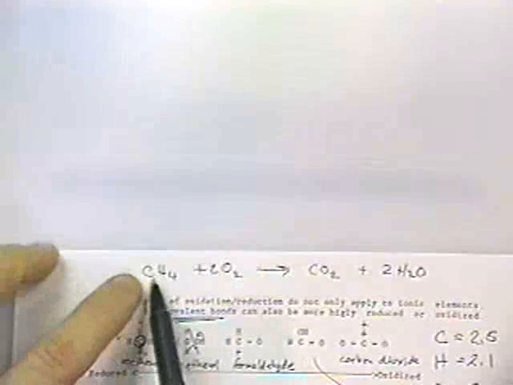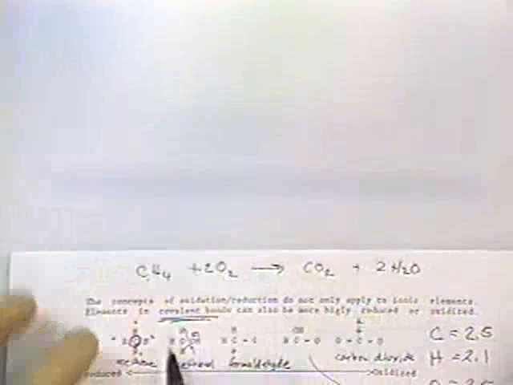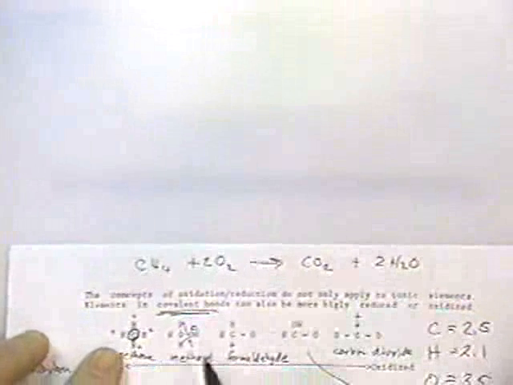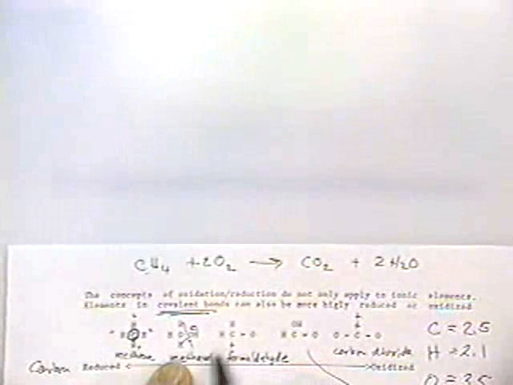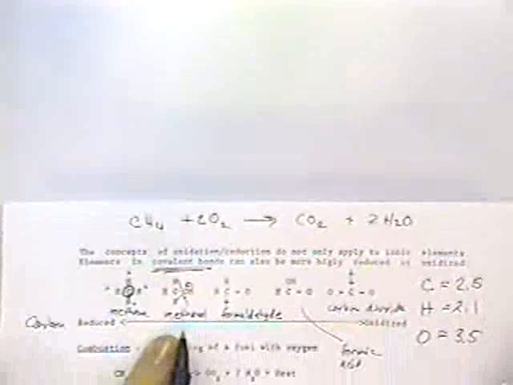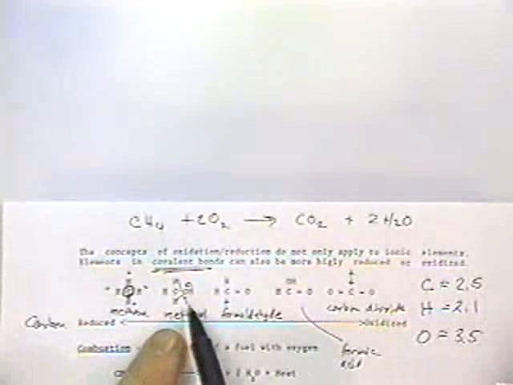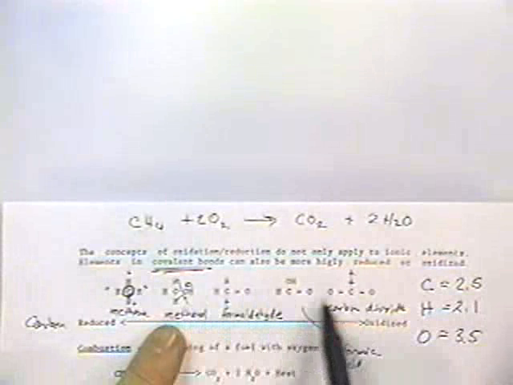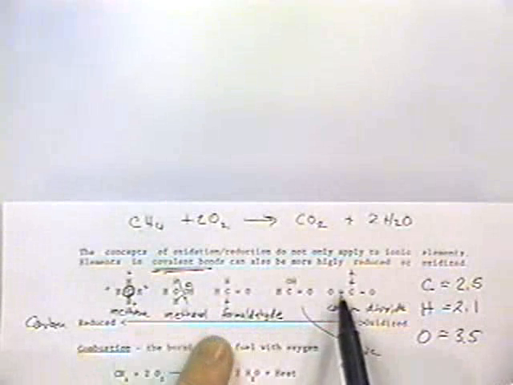Now, if we were to start with methane and react with oxygen, you can see that there's a big difference. We're going all the way from the left all the way to the right, so there's a lot of energy that comes out of this reaction. If I were then to react methanol with oxygen, methanol is already partly burned. It's already partly oxidized. So if I burn methanol as a fuel, I don't get as much energy out of it.